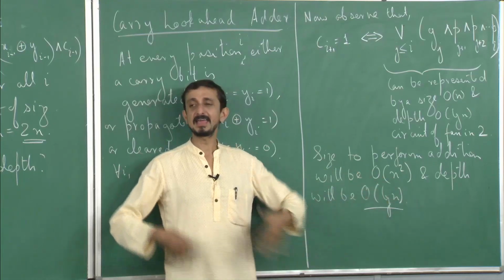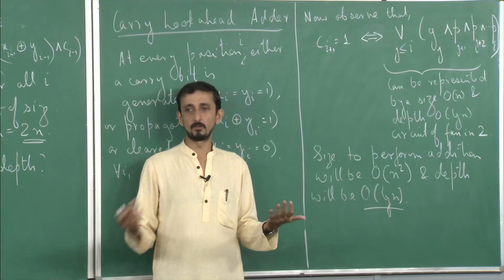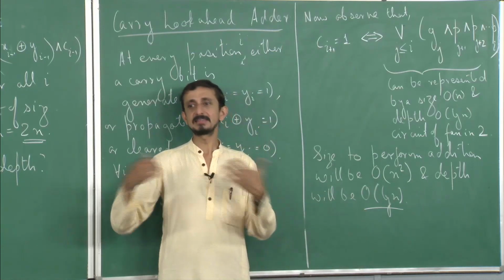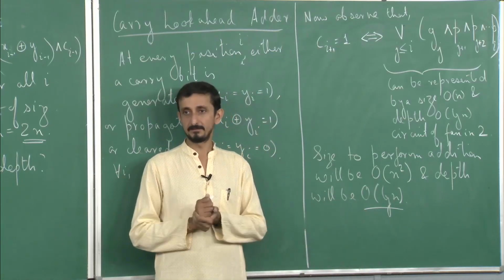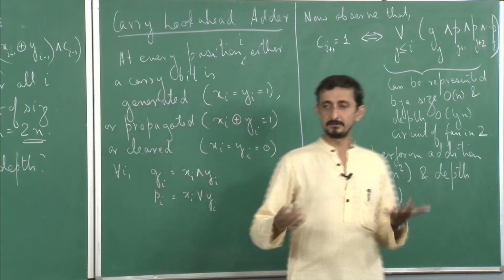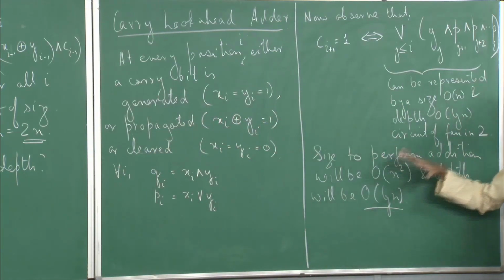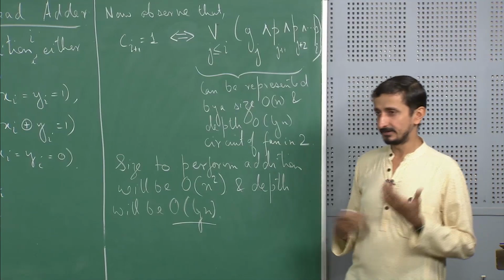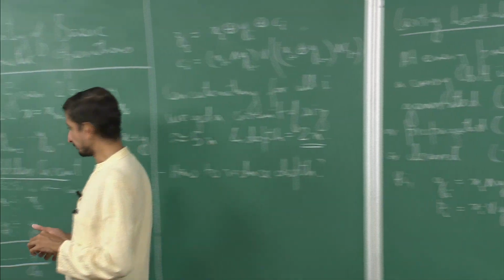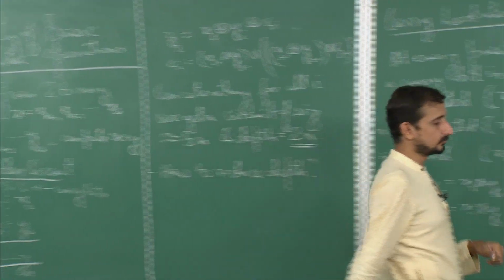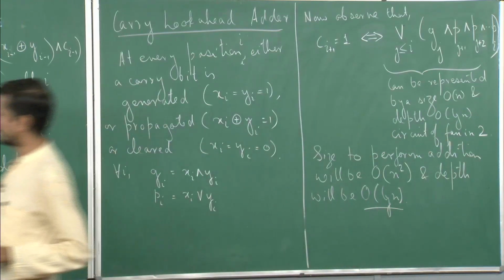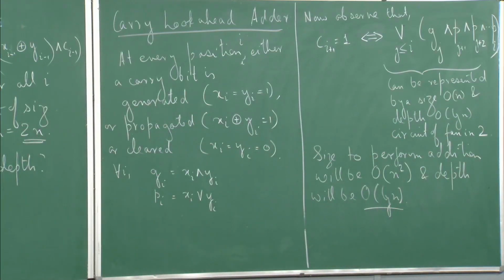So the question is, can I have a circuit which has the best of both worlds, of depth log n as well as size linear with bounded fan-in? That is the question which arises. Here, of course, we are reducing the depth, but the size increases. Okay. So clear? Okay. So this brings us to the third mechanism of performing addition.